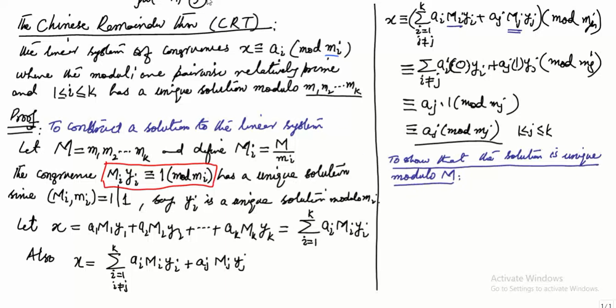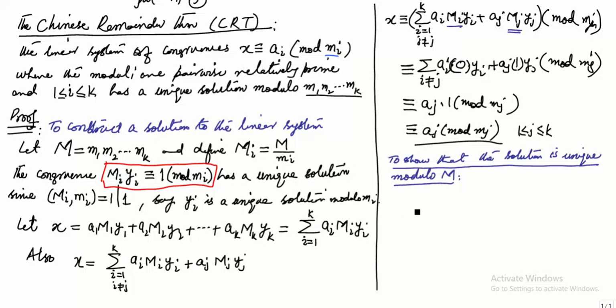Here we have to show that the solution is unique. It means if any other solution exists, there will be no change in the solution. So how can we show the uniqueness? We will assume that there are two solutions, and at the end we will show that they are the same.